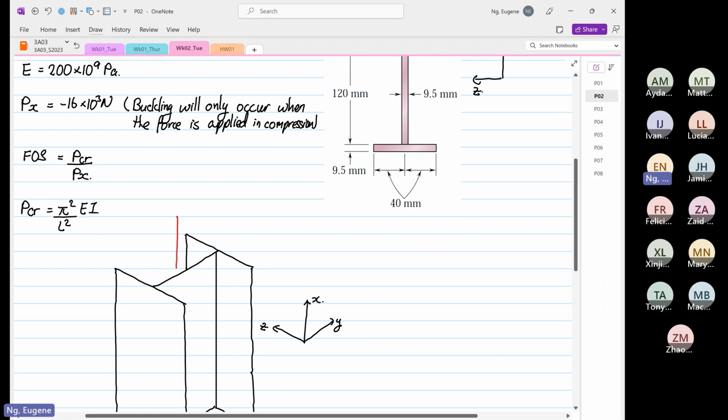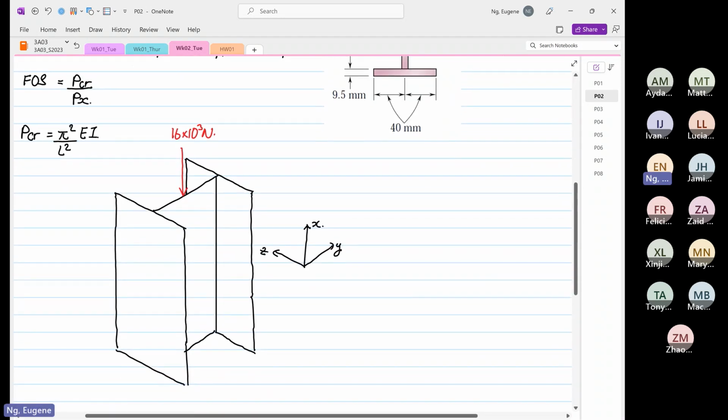I did not draw this well, but it is directly at the centroid over here, applied at 16 times 10 to the power 3 Newton. So this structure can buckle in two ways.